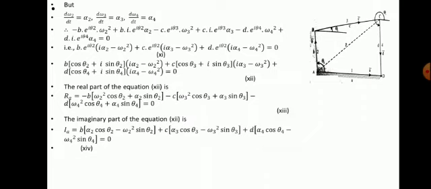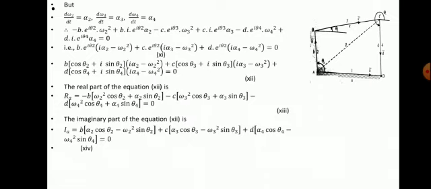The real part of the equation, once again, is minus b omega 2 square cos theta 2 plus alpha 2 sin theta 2, minus c omega 3 square cos theta 3 plus alpha 3 sin theta 3, minus d omega 4 square cos theta 4 plus alpha 4 sin theta 4 is equal to 0.